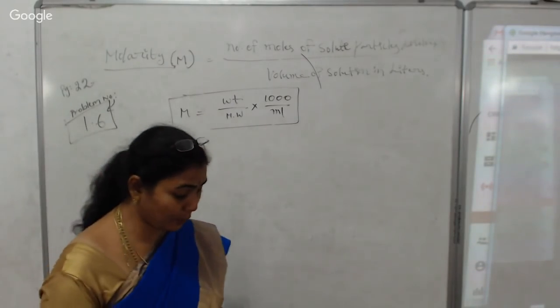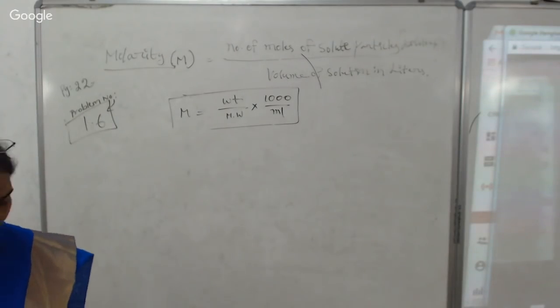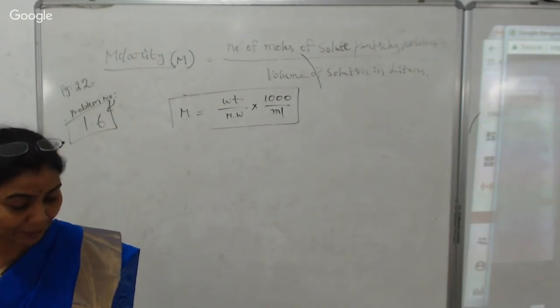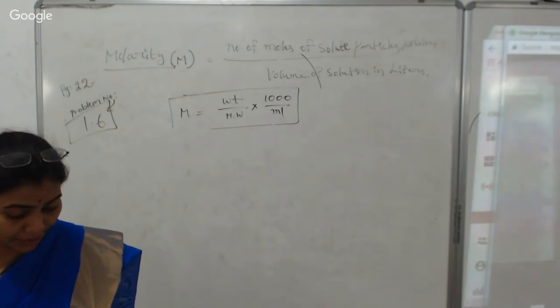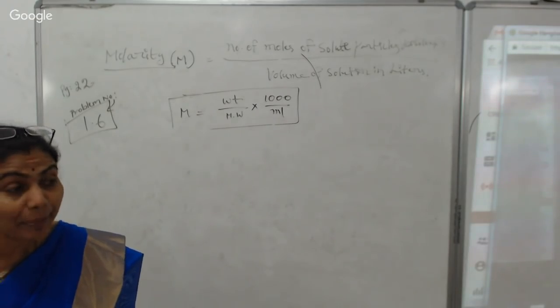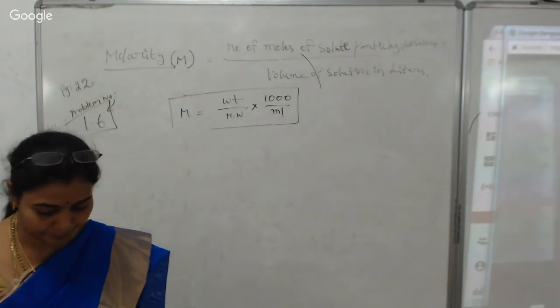Please see the textbook, page number 22, problem number 1.6. Calculate the concentration of nitric acid. Please underline, children, concentration of nitric acid in moles per liter. Moles per liter means what? You have to calculate the molarity, capital M.